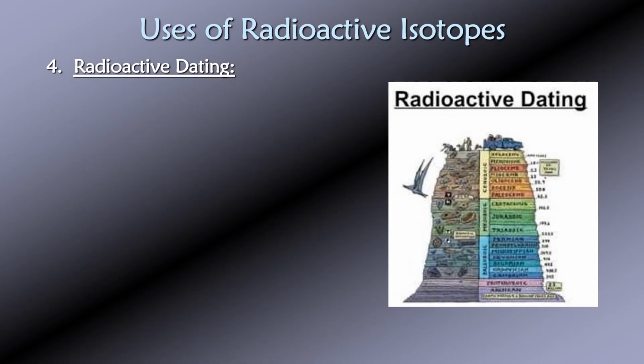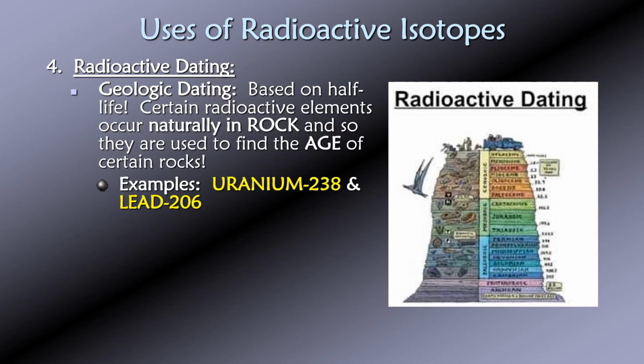We can also use radioisotopes for radioactive dating, which means determining the age of anything. The first type of dating that we can use radioisotopes for is geologic dating, which we do to determine the age of different rocks. The most common radioisotopes used for that purpose are uranium-238 and lead-206.